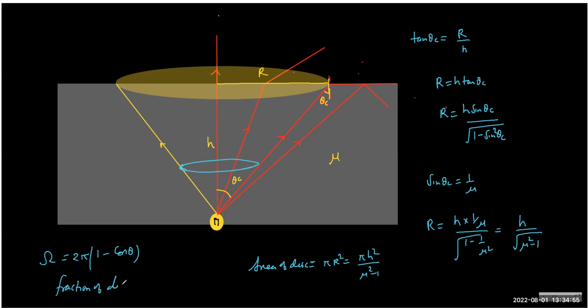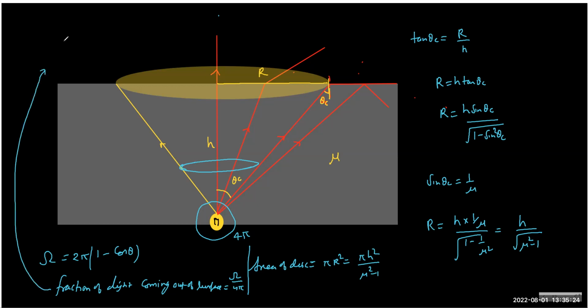The fraction of light coming out of the surface will be omega upon 4 pi, correct? That's how we define the fraction, because the net light is going into a 4 pi angle, out of which only a fraction will come out from here. So this fraction you can calculate somewhere here.